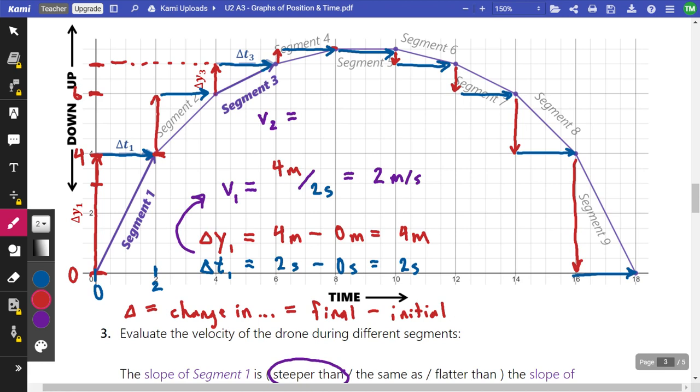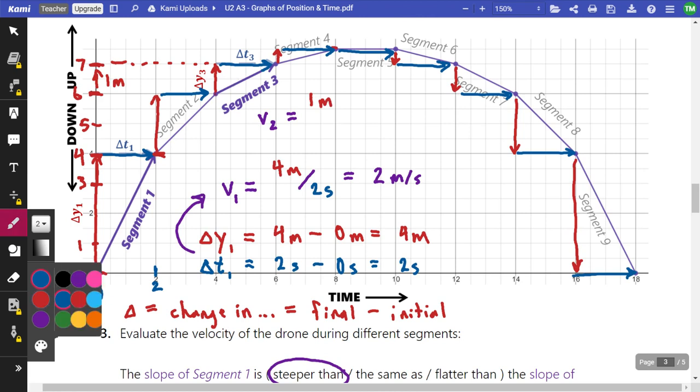So this guy would be 3, this guy would be 5, this guy would be 1. After this, this should be 6, 6.5, 7. So we're only going up by 1 meter. Okay, so our distance, or our change in vertical position, or our displacement, all mean the same thing. It's just going to be 1 meter.